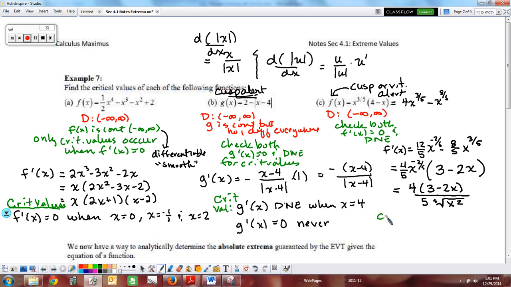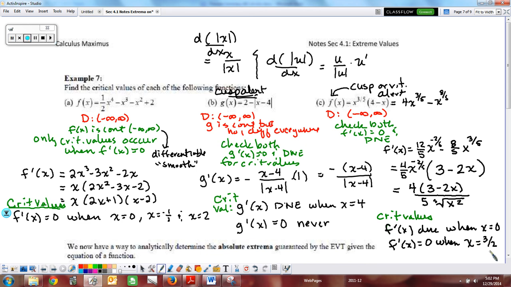Alright, so now I'm ready to do my critical values, and I like to do the DNE first. So f prime of x, we are named f, right? So f prime of x DNE when x is equal to 0, because we have a division by 0 problem, and then f prime of x equals 0 when the top is 0, and so that would be when x equals 3/2.